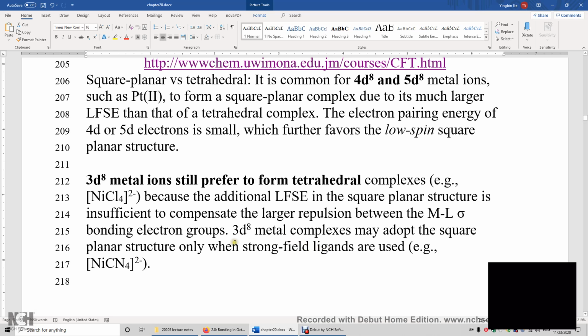So in this case, they prefer to adopt the square planar structure because this ligand field stabilization energy, LFSE, is big enough to compensate the larger repulsion between the 4 ligands in the same plane. So this is one example. When this nickel 2 plus is bonded to 4 cyanide ligands, the structure is going to be square planar.